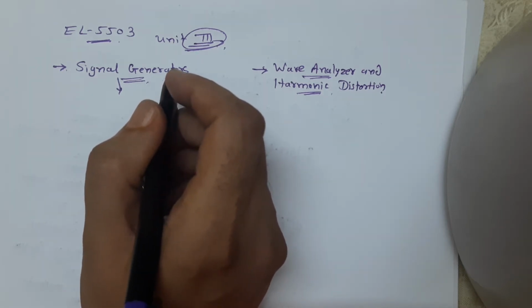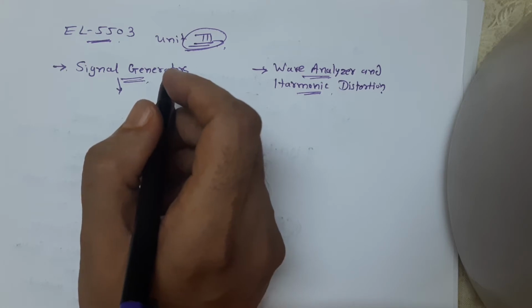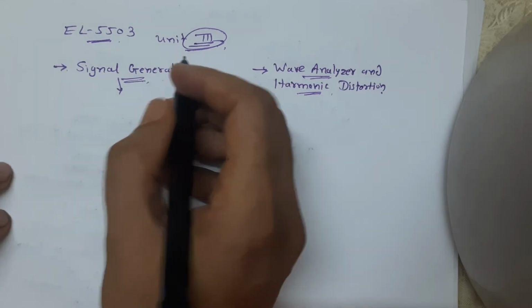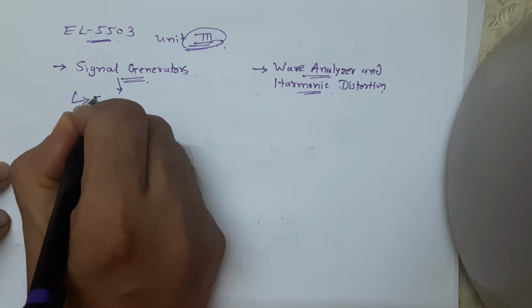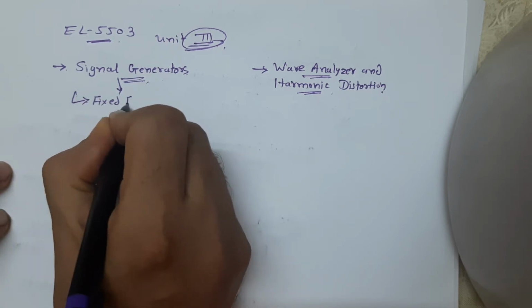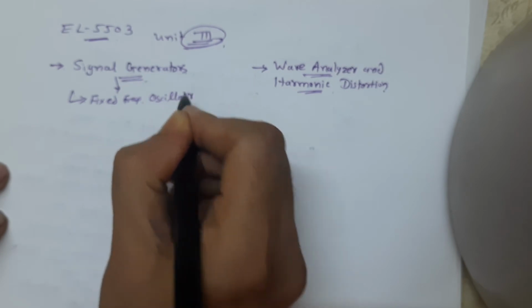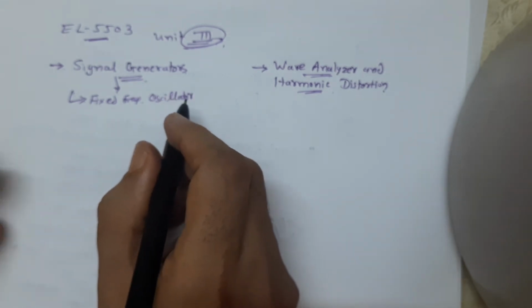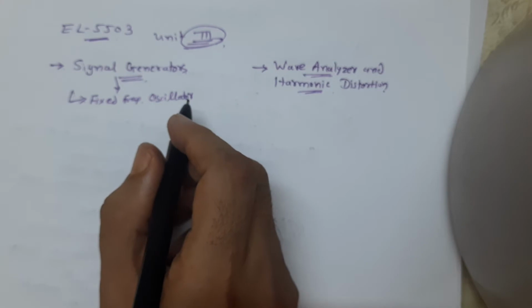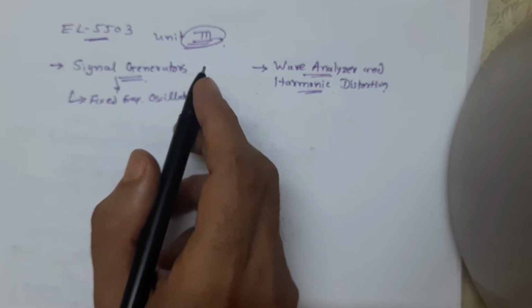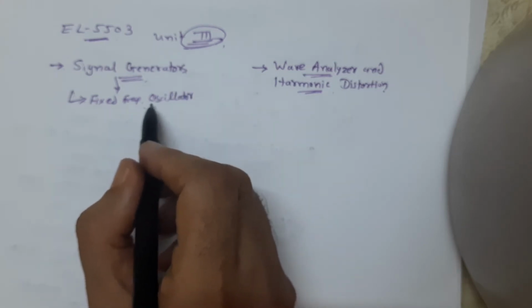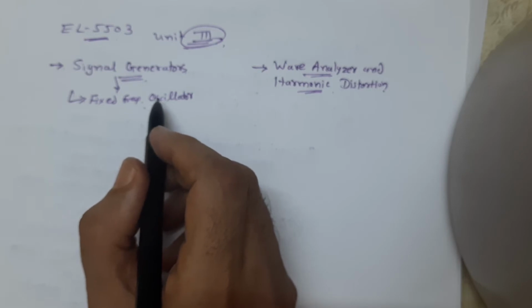So here, first of all, we discuss the fixed frequency oscillator, through which we generate a signal whose frequency is fixed. That we will study in this fixed frequency oscillator.